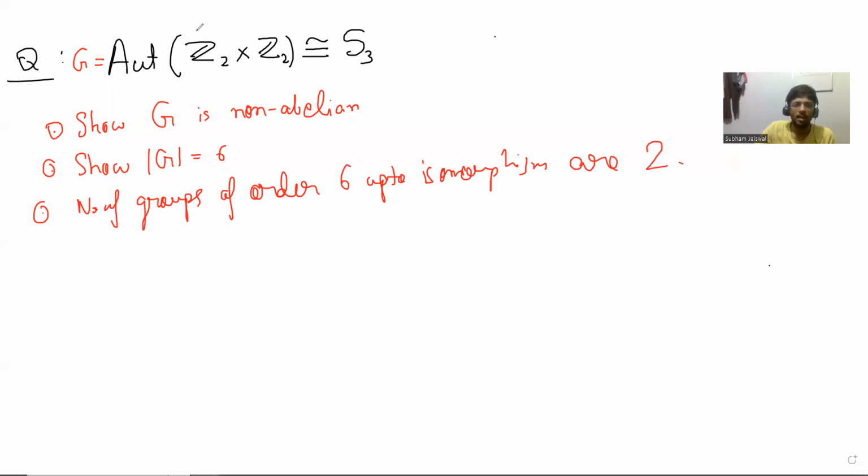And one of them is abelian, the cyclic group. And then the other has to be this. So if you prove it's non-abelian, then it is this. So I will leave these two for homework, and let's do this one of them. Fine. So show that it is non-abelian.